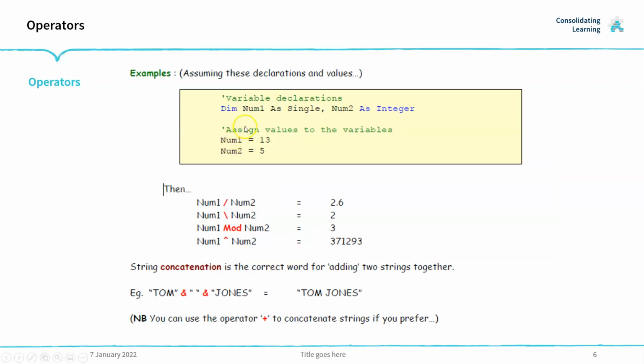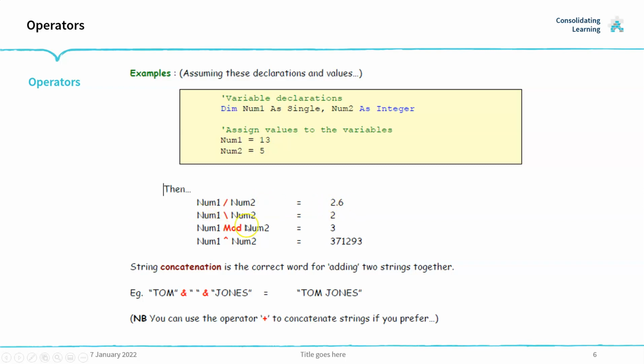So here, just an example, I'm declaring a variable called num1 as a single, num2 as an integer. I'm storing the value 13 in num1, 5 in num2. When I do num1 divided by num2, it gives me 2.6.